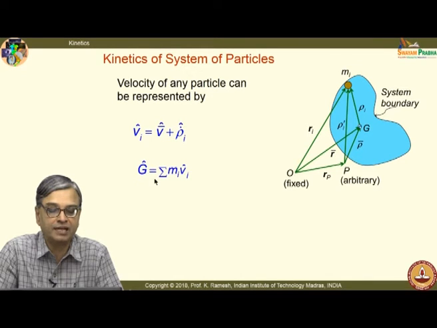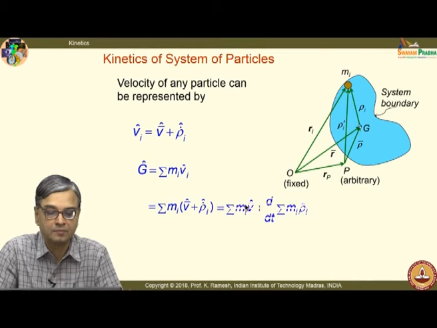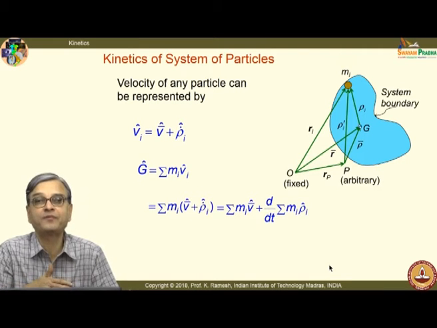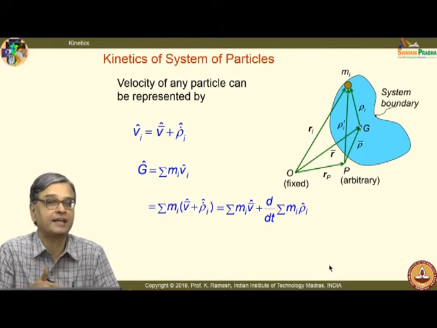So, I have G as summation of Mi Vi, and this can be reduced to summation of Mi times V bar plus rho dot I, that reduces to M V bar plus d by dt of summation Mi rho I. Can you see something interesting here? We are going to do this kind of simplification again and again.